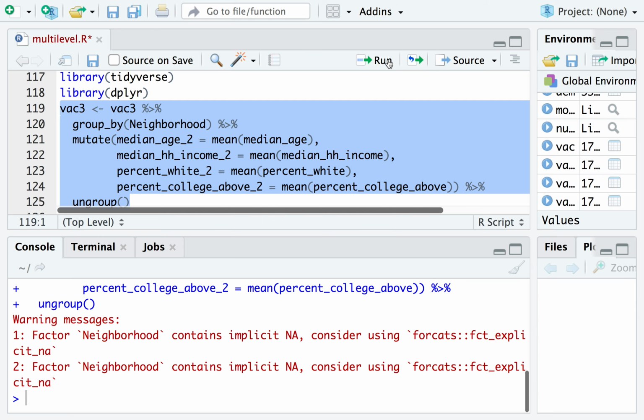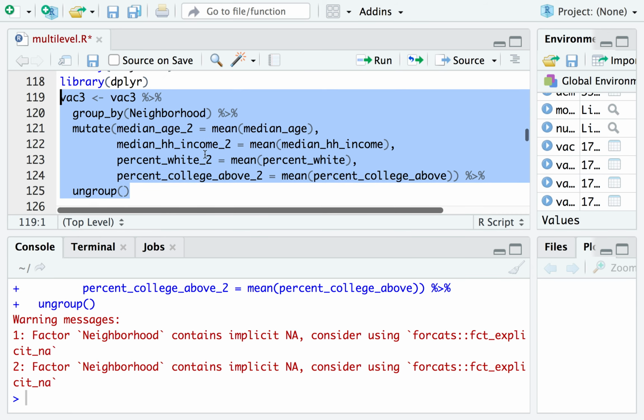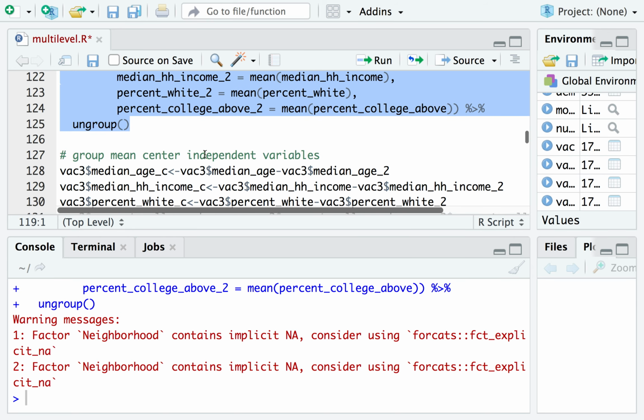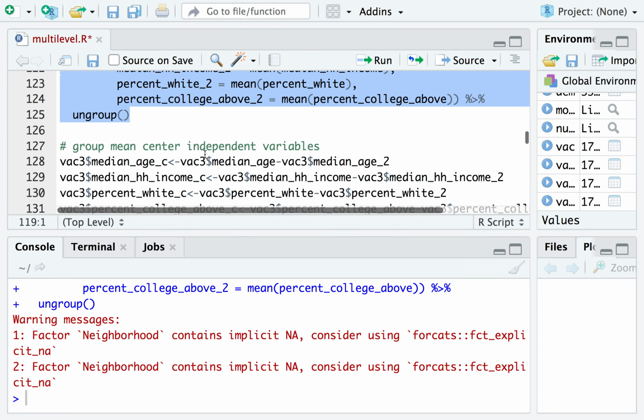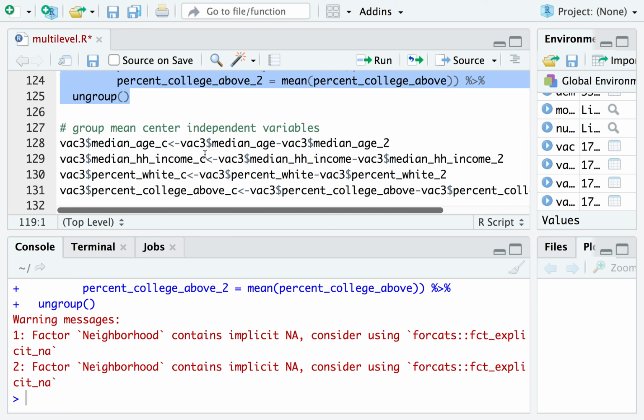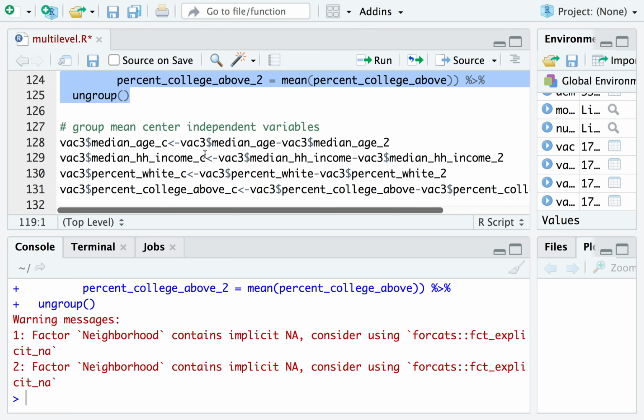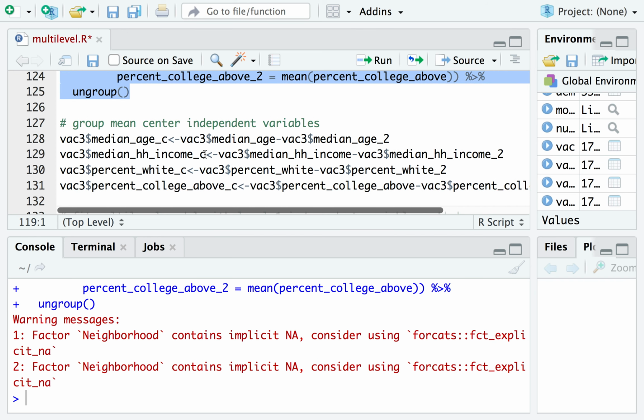And let me just run everything together. It's saying there are some issues because I have some missing data, which I'm going to ignore when I run the model. So now I have a column that is estimating the mean for each group. To get the group mean centering, I just have to subtract the value. For example, for median age right here, this is the group mean centering of median age for a specific zip code.